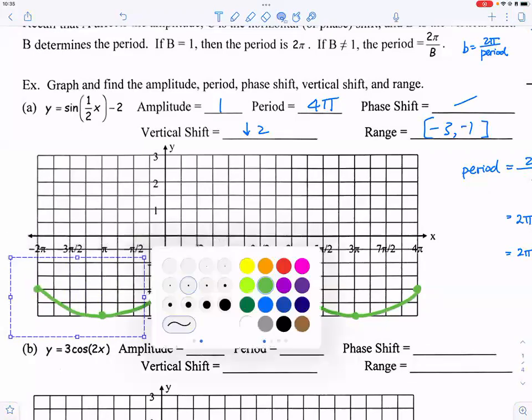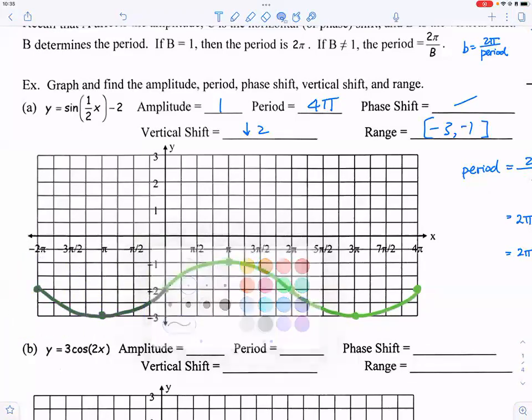Let me change the color so they can see the green is my first wave. Okay, that's the first point at 0 comma -2. Okay, finish the first wave, and then I can finish the remaining part.